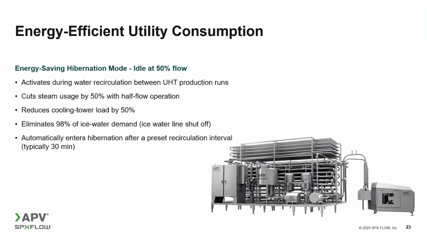Here we've got what we call the hibernation mode. It could be activated during the idle water recirculation. That means that once we have done the CIP and the sterilization and we have the system under regime, it will cut steam and the cooling load by around 50%, and also reduce the ice water usage by around 95%.